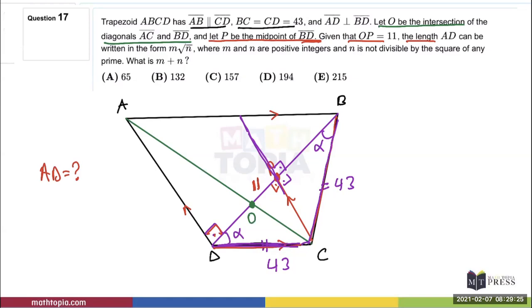We need to think always, if there is a parallel and an isosceles triangle, it is kind of here. Do you see that these two angles are also equal? And we notice there will be another nice isosceles triangle happening here.